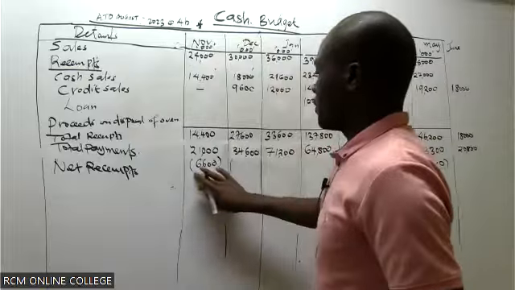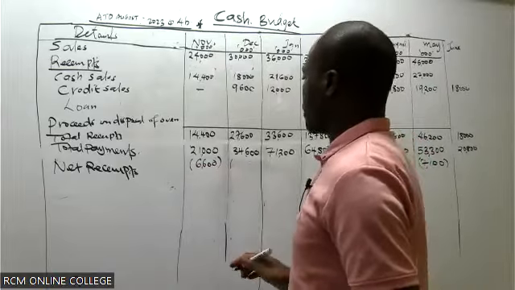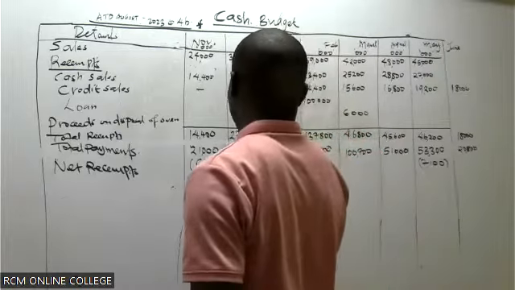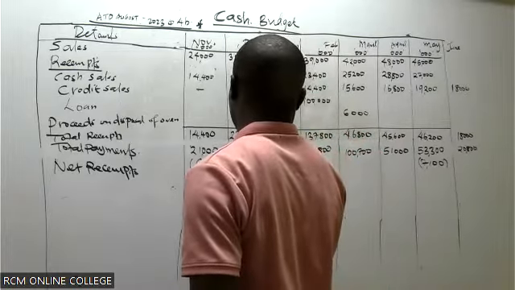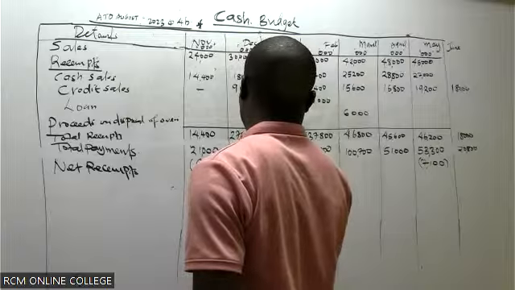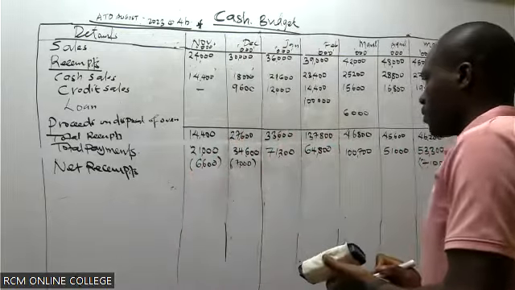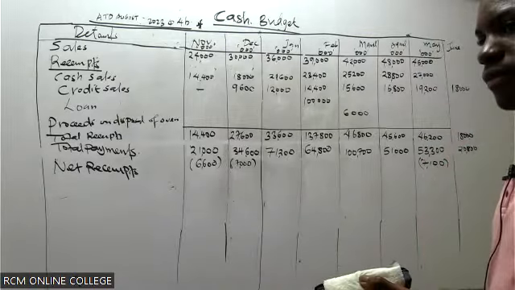How about December? Is it 7,000? December is 7,000, but negative, is it? They spent more than. How about January? January is negative.